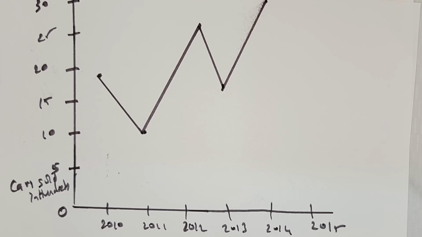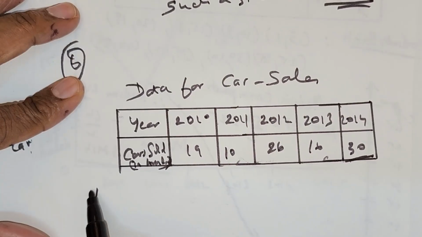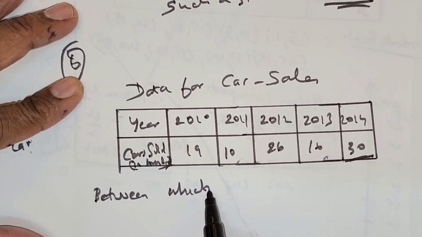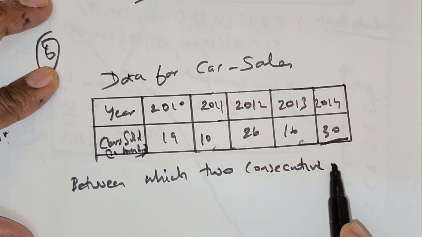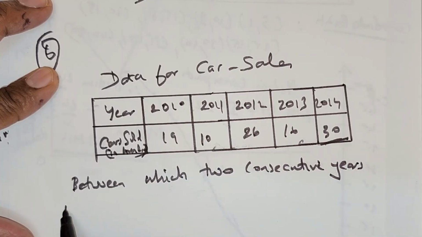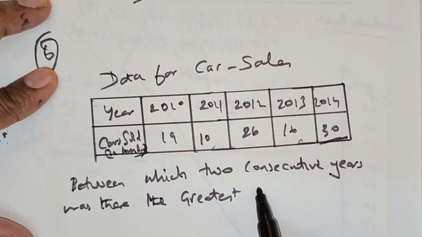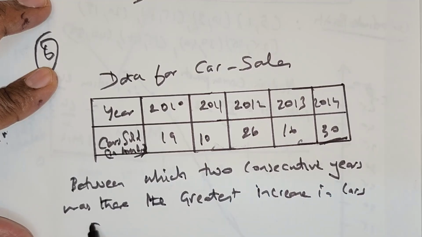Now let's see what other things are required. Now what they are asking us next is, between which two consecutive years was there the greatest increase in cars sold?